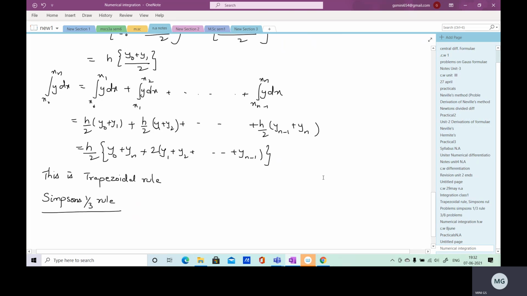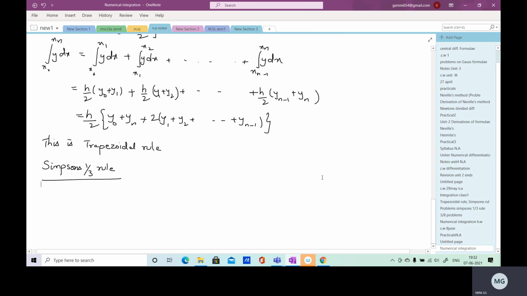We get Simpson's 1 by 3 rule by putting n is equal to 2 in the general formula. That means integration x0 to x2 y dx is equal to 2h, nh is there, no? So 2h into the first term, which is y0, plus n by 2.